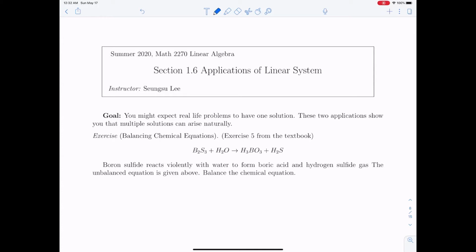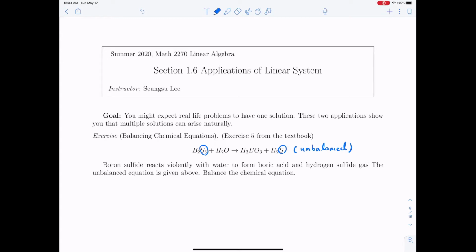The first problem is to balance the chemical equation. The given equation is an unbalanced chemical equation that represents how boron sulfide reacts with water to form boric acid. Unbalanced means that the number of atoms on the left-hand side and the right-hand side are different. For example, the number of S is 3 on the left-hand side and 1 on the right-hand side.